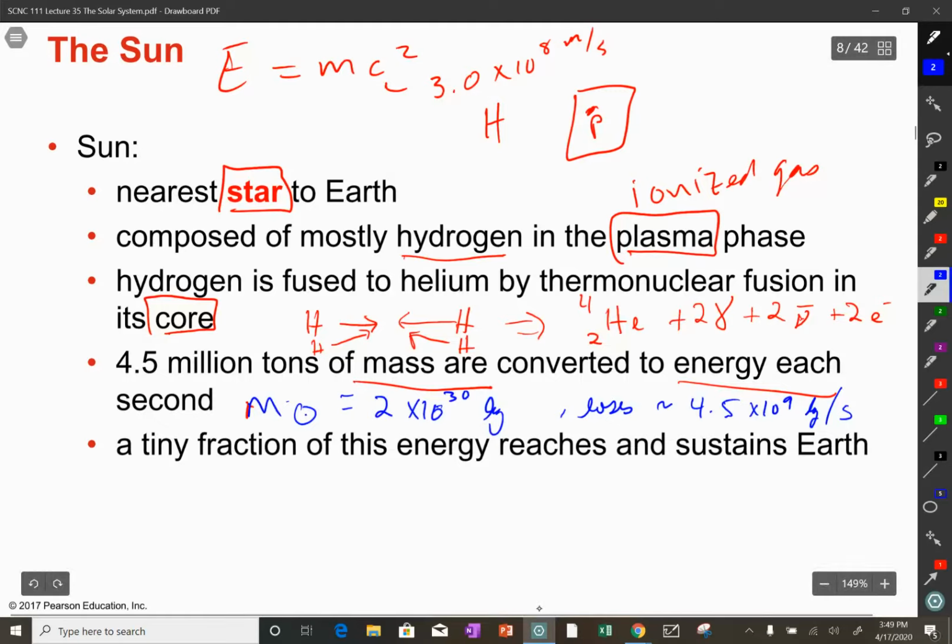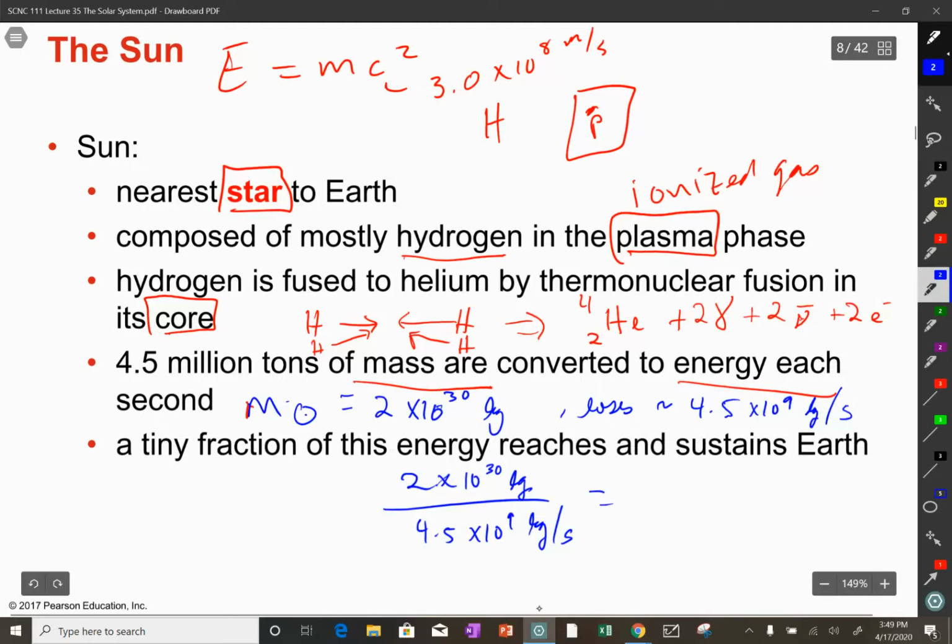If it were to continue doing this until it had no mass, it would take 2 times 10 to the 30 kilograms divided by 4.5 times 10 to the 9th kilograms per second.